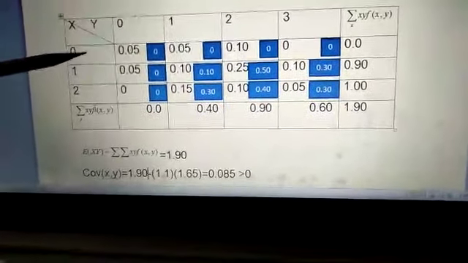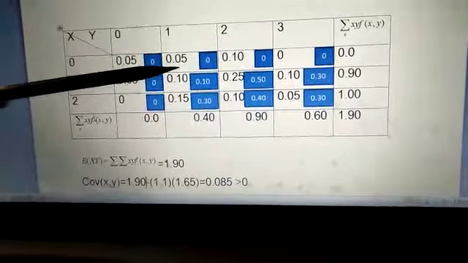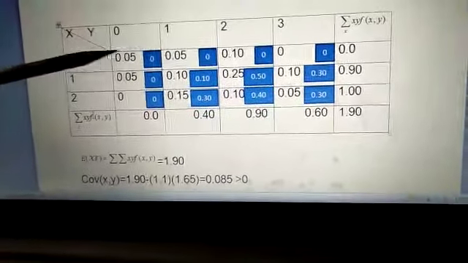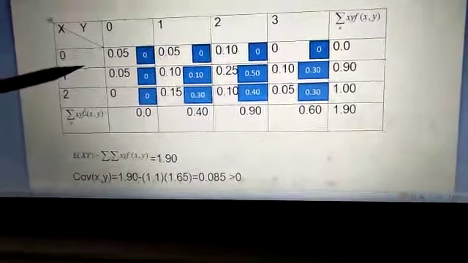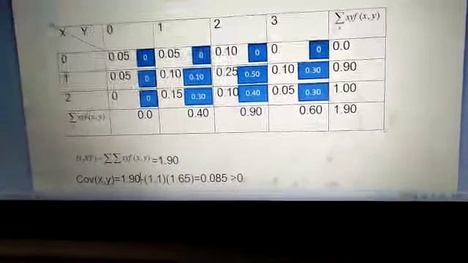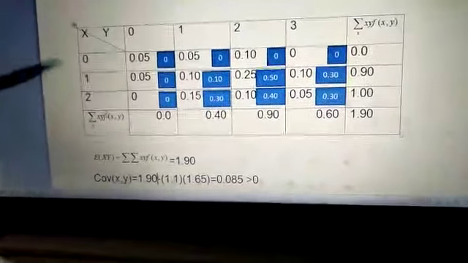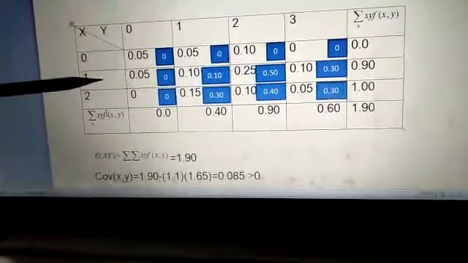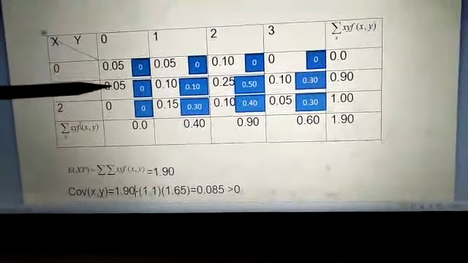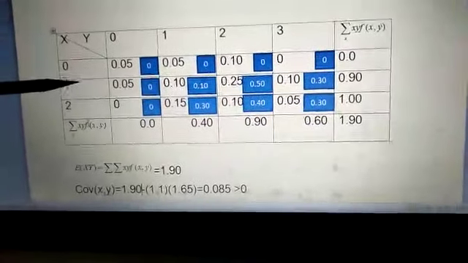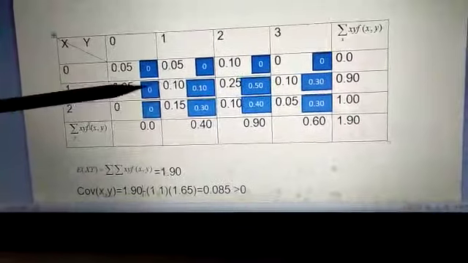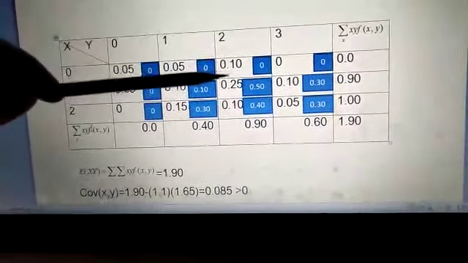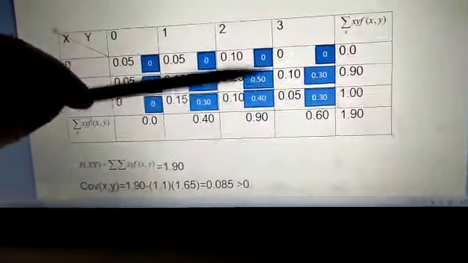Again 0 multiplied by 1 multiplied by 0.05, answer is 0. 0 multiplied by 2 multiplied by this probability, 0. 0 multiplied by 3 multiplied by 0, answer is 0. Now come towards the next value of x. 1 multiplied by 0 multiplied by probability 0. 1 multiplied by 1 multiplied by 0.1, this is the answer. 1 multiplied by 2 multiplied by 0.25, this is the answer.